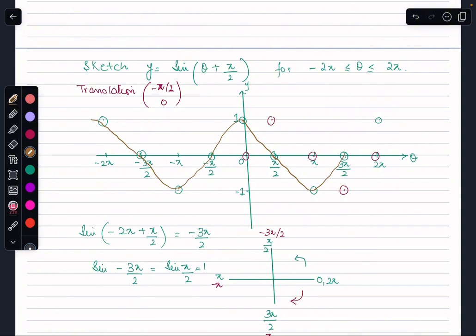The other way of doing this question is to substitute theta with all the angle values that you can have. I have done this example with respect to negative 2 pi that lies here. I've substituted theta with negative 2 pi, so negative 2 pi plus pi by 2 gives me negative 3 pi by 2. Therefore, sine of negative 3 pi by 2.